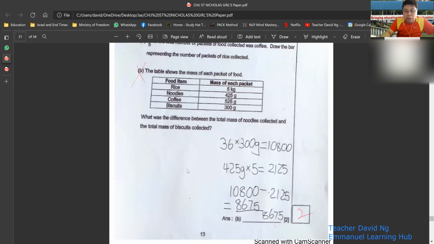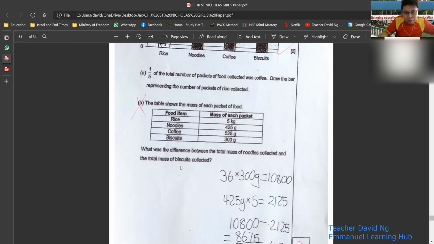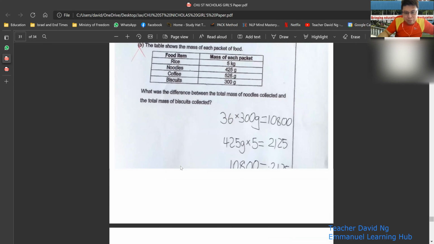Another thing is if you bother to check your work before you submit, you would have realized your mistake and would have rectified it before you submit to me. Correct? Yes. That's why you have to practice checking. Checking needs to be practiced also.